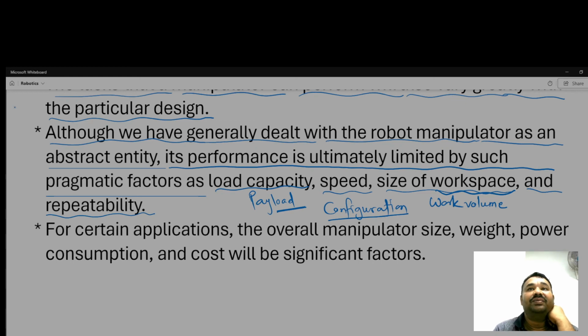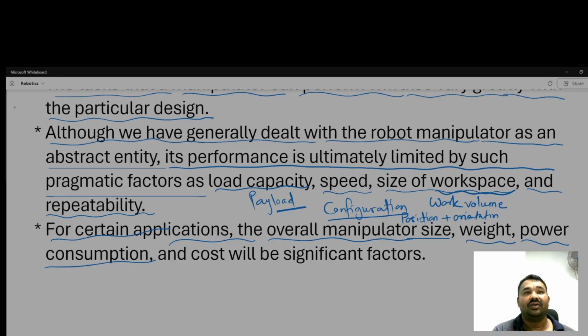So here also configuration means position plus orientation of the manipulator.